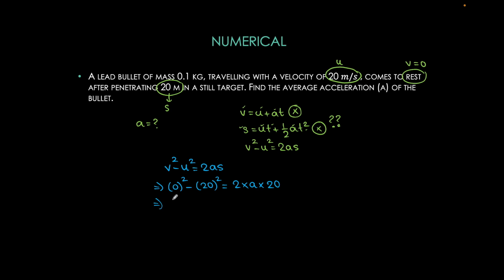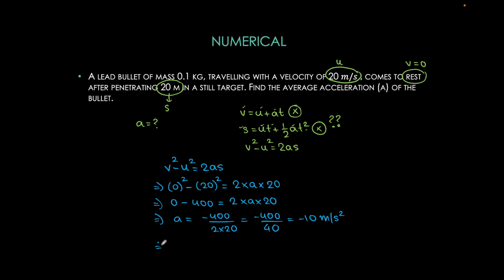So 0 square is 0 minus 20 square is 400, so minus 400 is equal to 2 into a into 20. So we can write a is equal to minus 400 divided by 2 into 20, which is 40. So minus 400 divided by 40 is equal to minus 10 meter per second square.